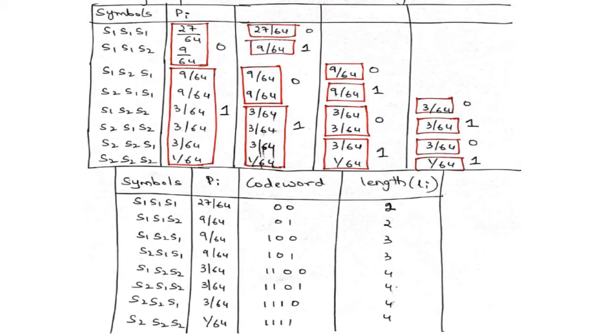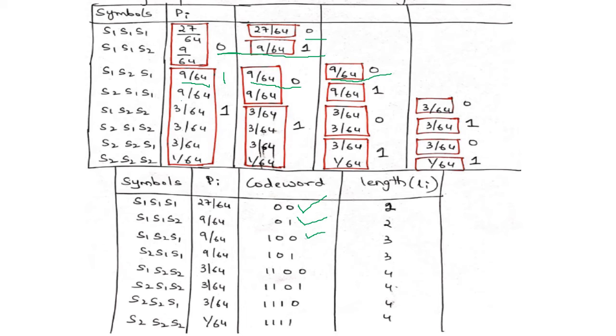So for 27 by 64 the code word is 00. For the second element 9 by 64 the code word is 01. For the third element 9 by 64, the first stage code word is 1, second stage code word is 0, third stage code word is 0. So the code word is 100.